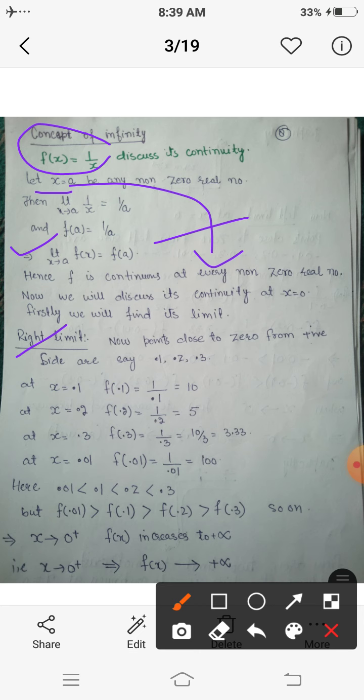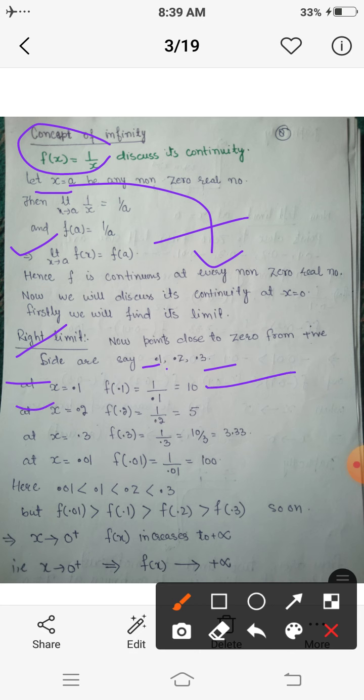Now the points closer to 0 from the right side are 0.1, 0.2, 0.3, and so on, or 0.01, 0.001, 0.0001, and so forth. At these points, that is at x equals 0.1, the value of the function is f of 0.1 equals 1 upon 0.1, which is 10.